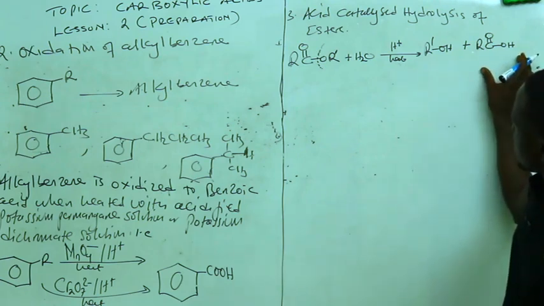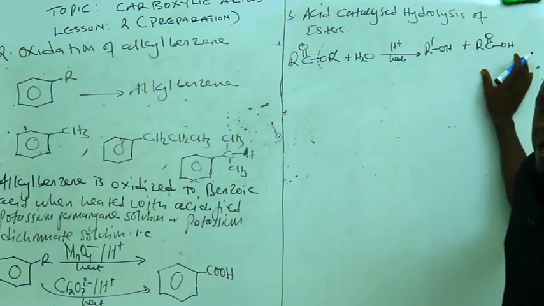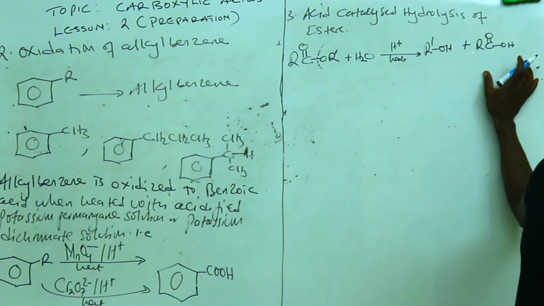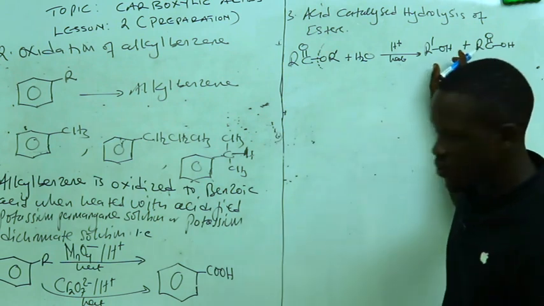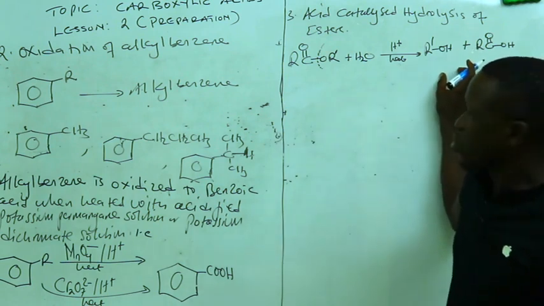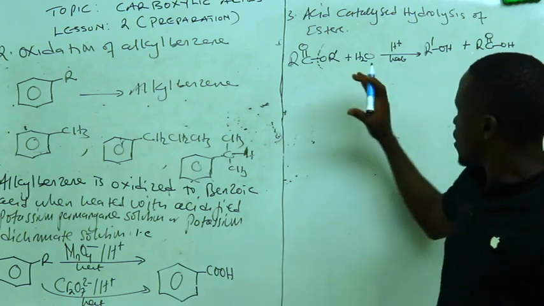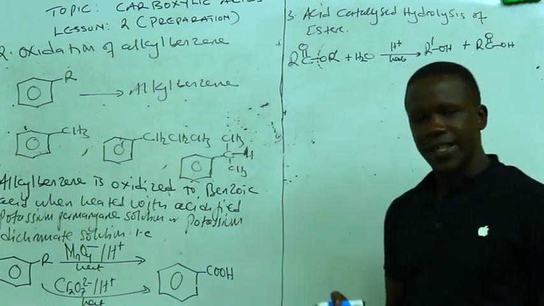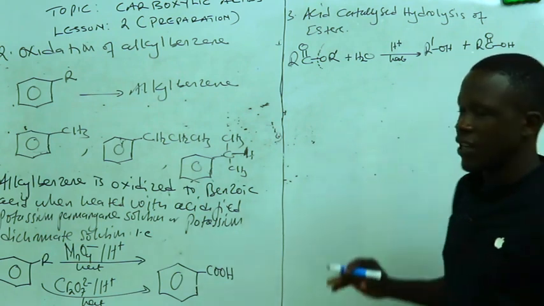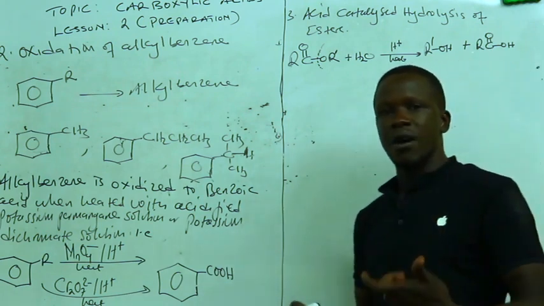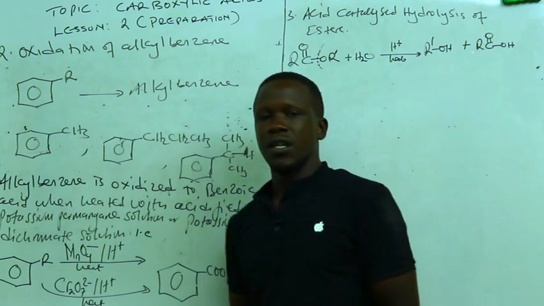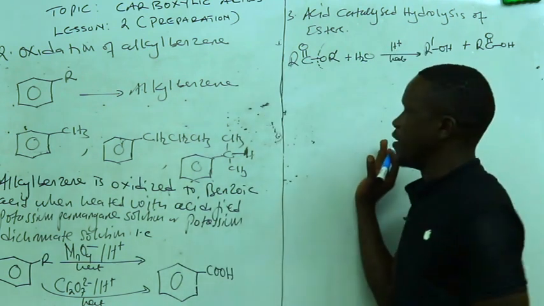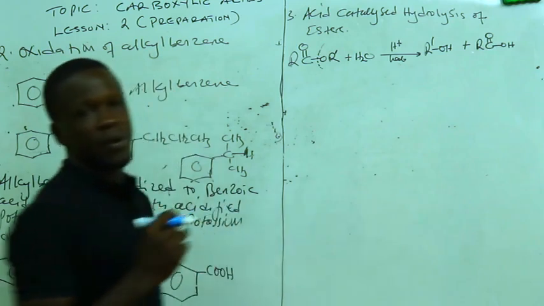So in this case, we are using this method to do the preparation of the carboxylic acid. When we were looking at the preparation of alcohols, we even outlined these mechanisms. In that case, our issue was looking at the preparation of the alcohol. So for us to understand the mechanism for the hydrolysis of these esters to form carboxylic acids, we need to watch the video about the preparation of alcohols by esterification. And it will give you a clear idea. So here, I'm simply going to give you some examples.